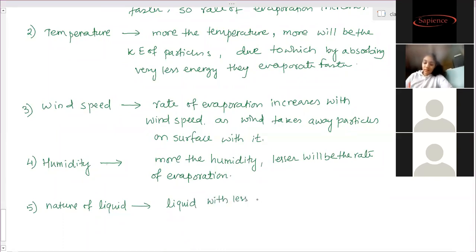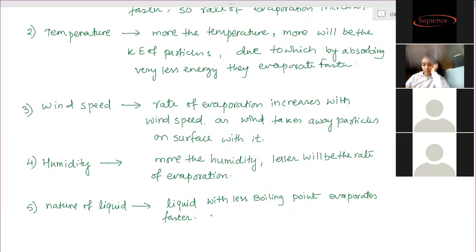Liquid with less boiling point evaporates faster. This is the reason acetone evaporates faster than water. Alcohol evaporates after acetone but before water. Ether, very quick.